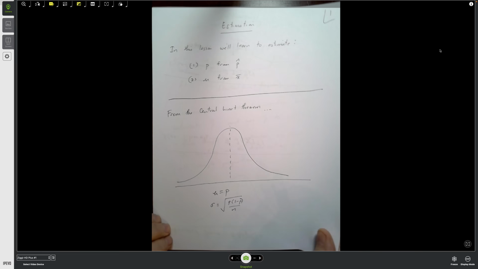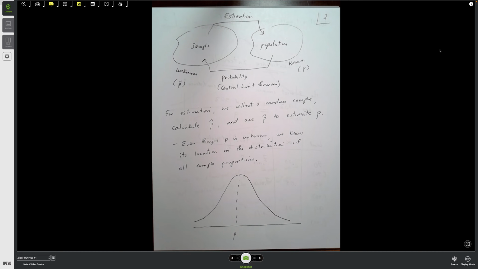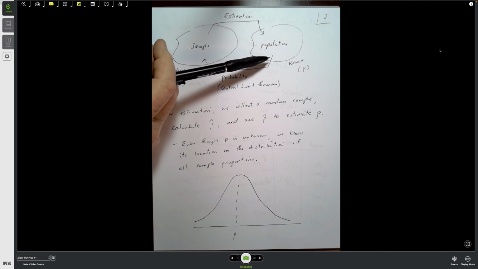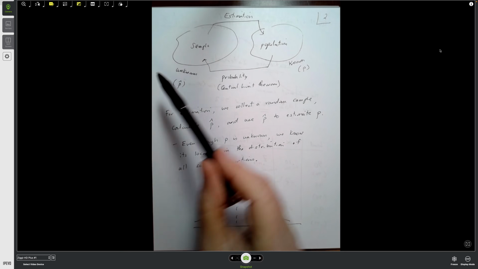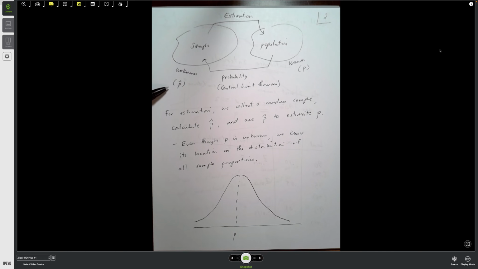Again, the central limit theorem plays a huge role in estimation. Now, where are we moving to? We're moving back to this relationship between samples and populations. Right now, in the central limit theorem, we are working where P is known, and we can determine the probability of getting an unknown P hat as a sample.